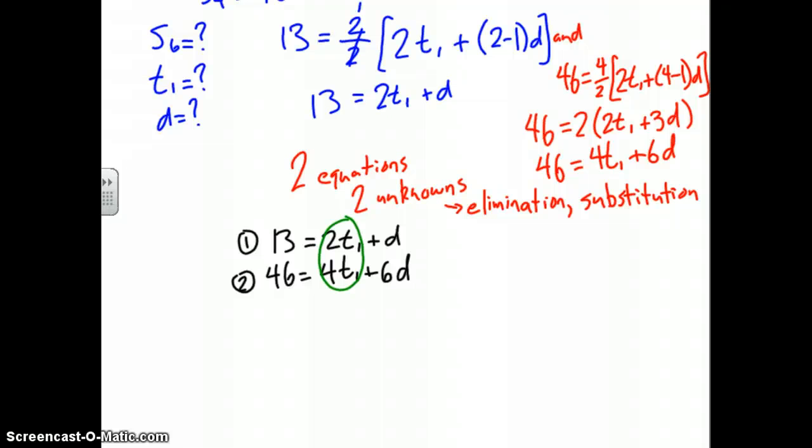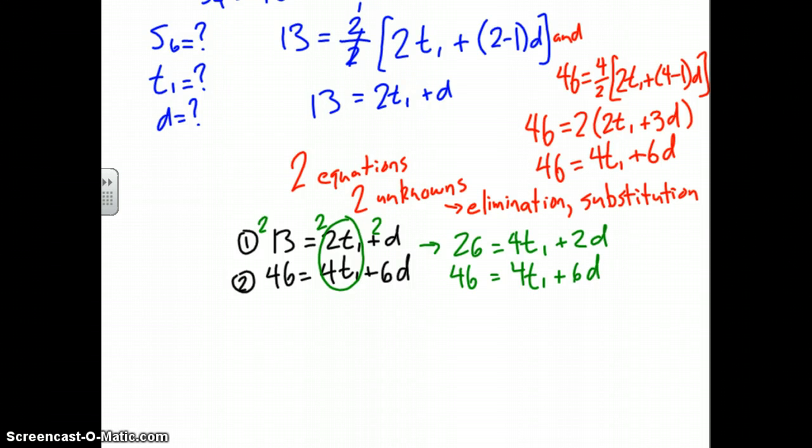So what we need to do is multiply this top line, everything, by 2. Then what we get is 26 equals 4T1 plus 2D. The second equation we can leave the same: 46 equals 4T1 plus 6D. For elimination, we can either add the two equations or subtract them.